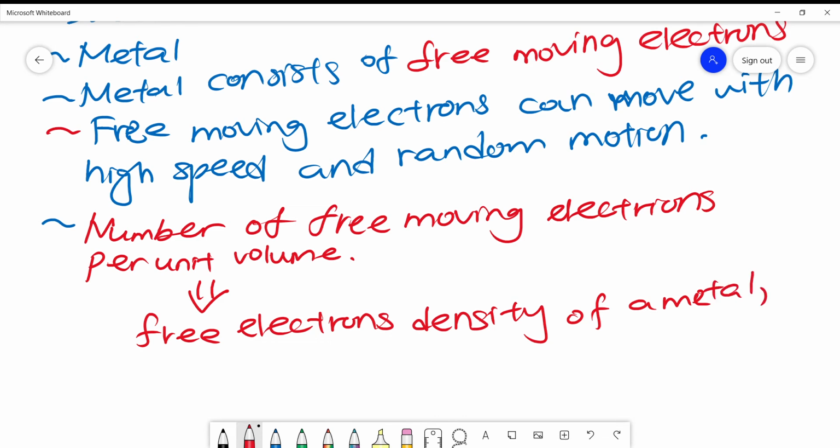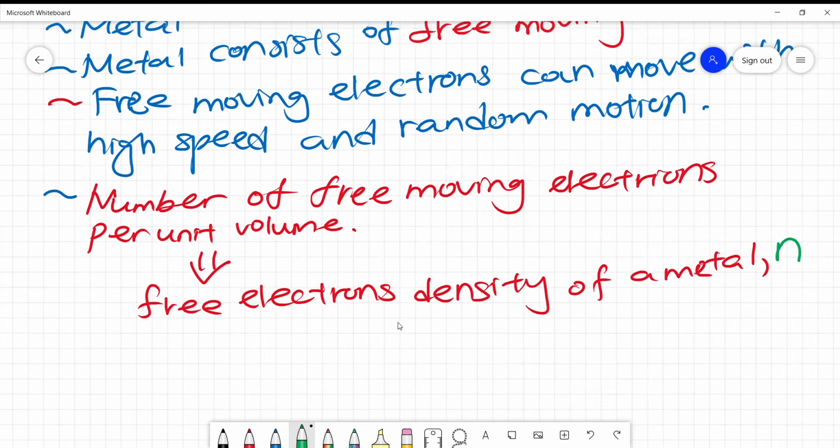The symbol we denote it with is small letter n. Different types of metal wire have different free electron densities. Alright, so this is the introduction for the metal and the free electron density.